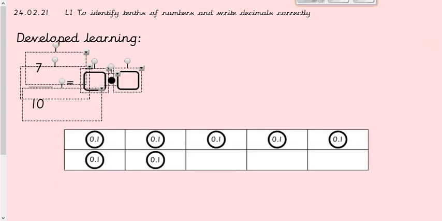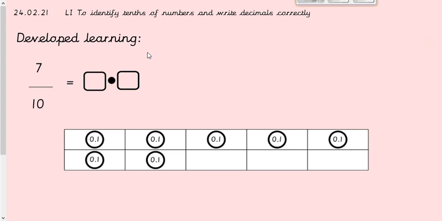Okay, moving on to our developed learning then. So I said before that 1/10 could be written as 0.1, or it can be written as a fraction as well, like this. So if we have 7 tenths, what would that be as a decimal? Sorry about the decimal point being so big. I've drawn this to help us.